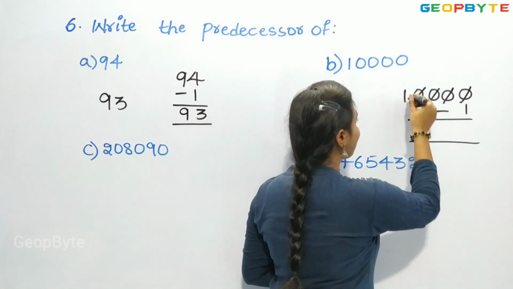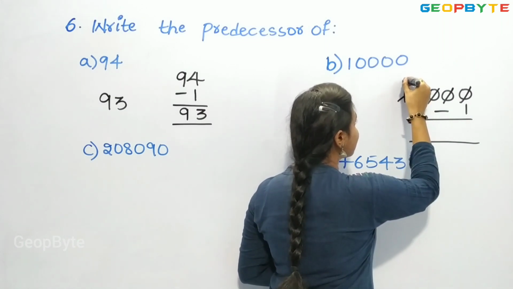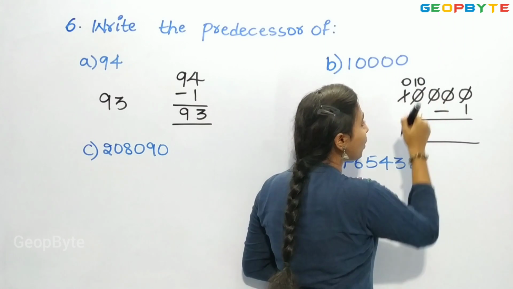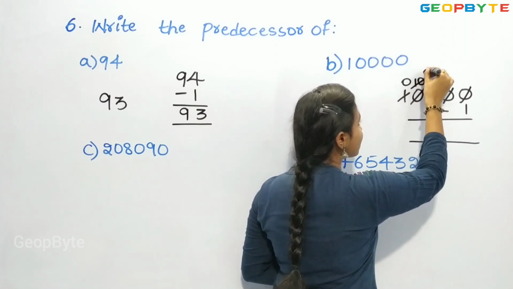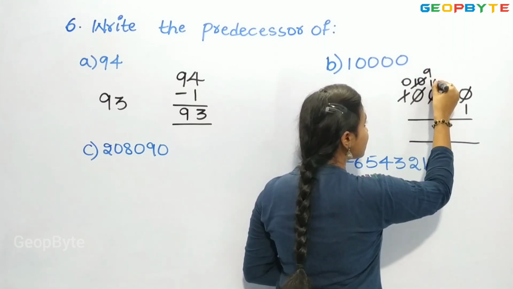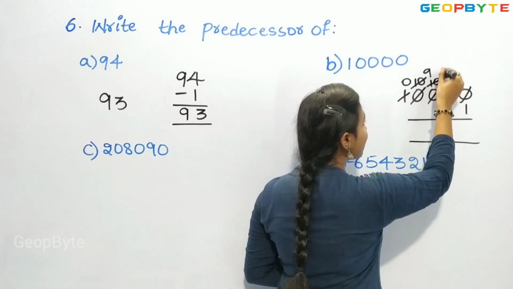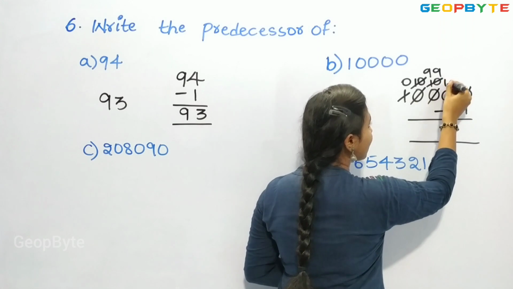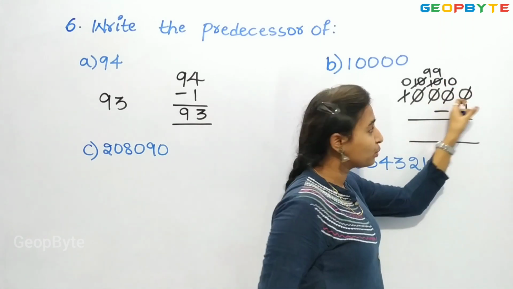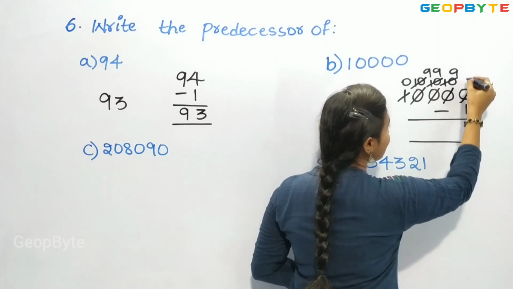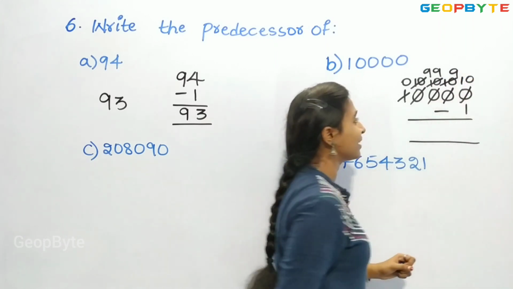Now, if you see we have 1. This 1 becomes 0. This 0 becomes 10. Again we need to borrow. So, this 10 becomes 9. This 0 becomes 10. Again we need to borrow. So, this 10 becomes 9. This 0 becomes 10. Again this 10 becomes 9. This 0 becomes 10.